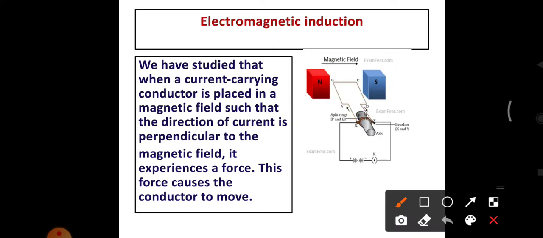Here this is the current direction and this is the magnetic field direction, and they are perpendicular to each other. It experiences a force. This force causes the conductor to move. So due to the magnetic field and current, we get the force. Due to that force, the conductor moves. That means the conductor rotates.